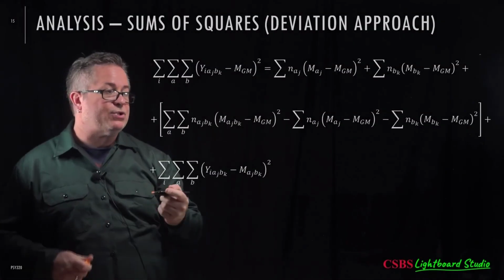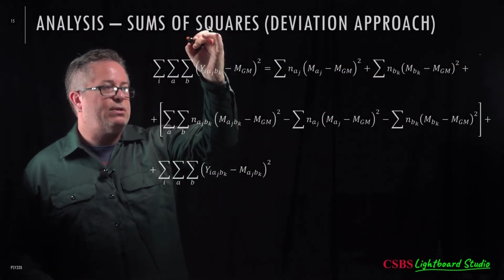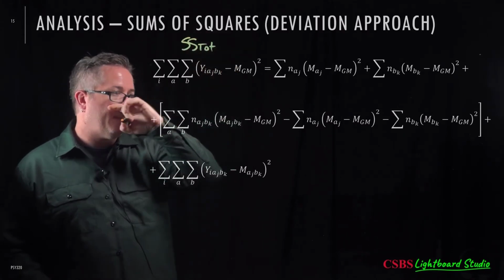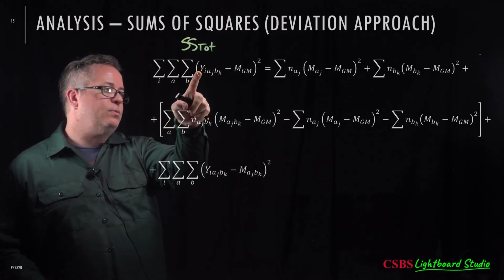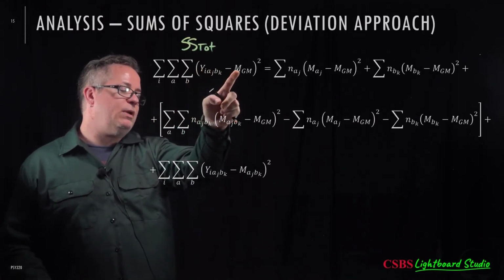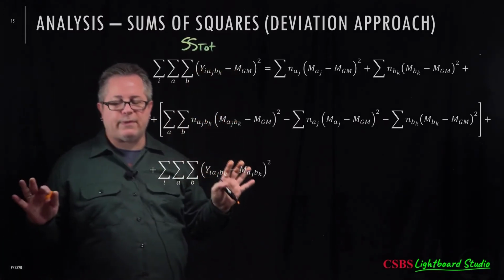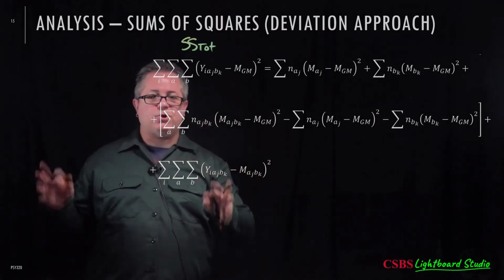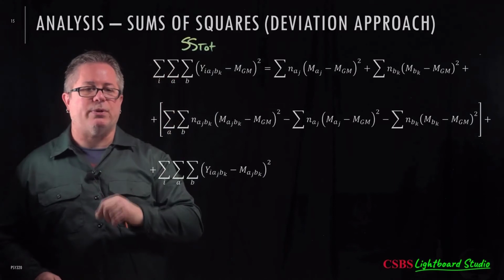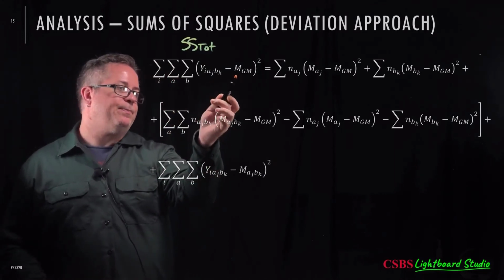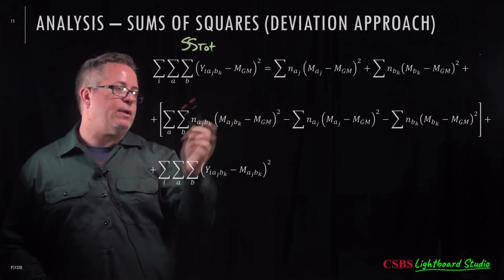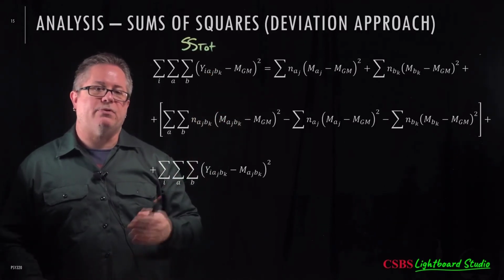So if you haven't guessed yet, this represents the sum of squares total. Okay, it's every individual around a single grand mean. So I'm now ignoring the fact it doesn't matter what brand they have, what type they have. Just looking at their scores with one average, and that's my grand mean. I'm looking at every single baby score in every group around that grand mean. That's it. This is my sum of squares total.